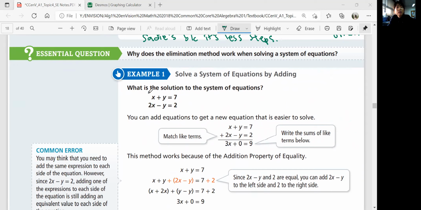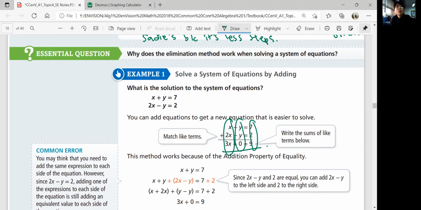When we have the same like terms, the variables x and y, and the constants, we're going to match the like terms, and these two equations are different, but we're going to add the whole equation. So we're going to add the x and the y and the numbers. And then we have this.